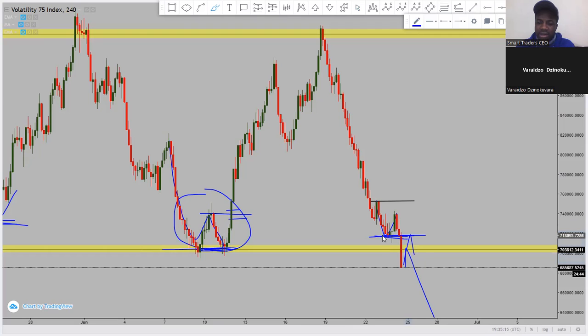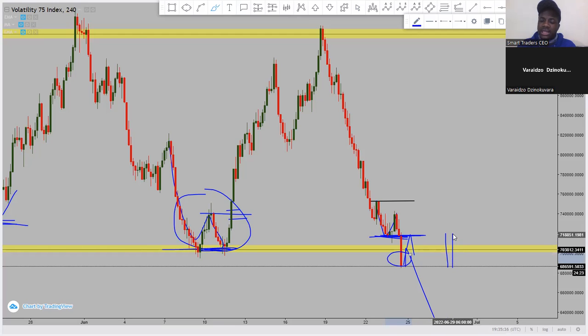You can still take trades there on that zone if it rejects there, because we don't want a scenario whereby it closes below, then the next 4-hour candle closes inside. If this happens, this will be a fake out, and once it's a fake out, price will go back inside, then touch there, then boom, then go up.